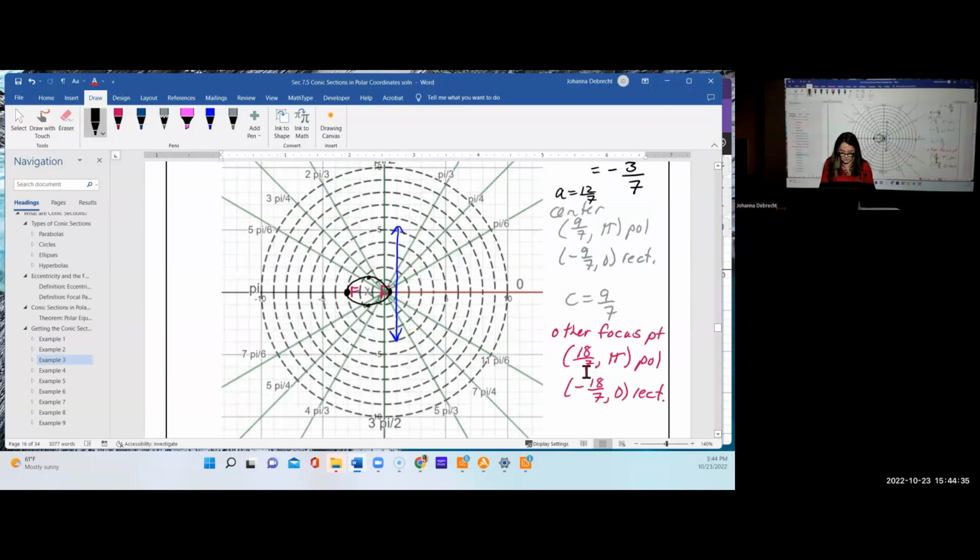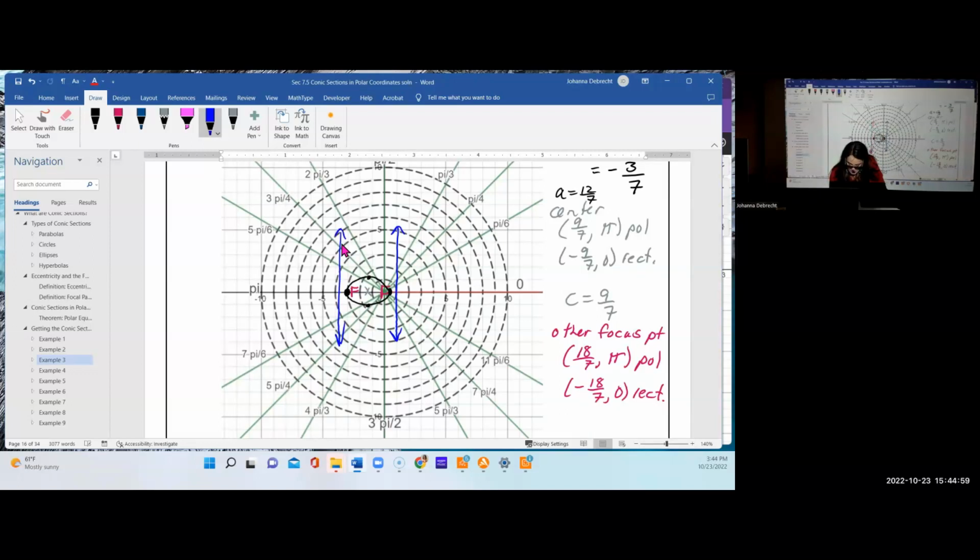Oh, we didn't put the other directrix line on. So the other directrix line is going to be a distance of 1 away from this focus. This focus is at 18/7, so that's going to be at 25/7 right on the other side, which is going to be about here.